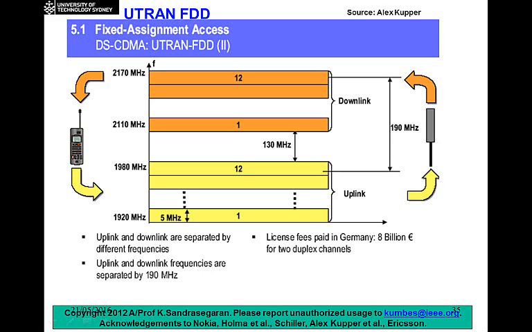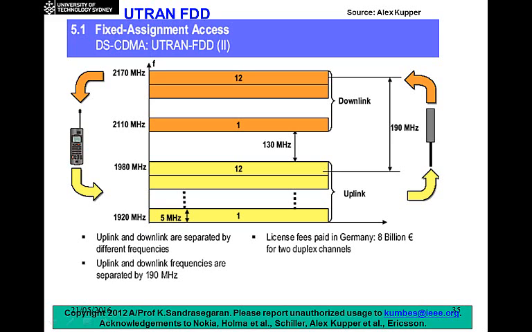In the UMTS system, as shown on this slide, the most popular configuration is the 1800 1900 band. Here we have frequencies between 1920 megahertz and 1980 megahertz being used on the uplink, and this band of available frequencies is divided into 12 5 megahertz chunks.